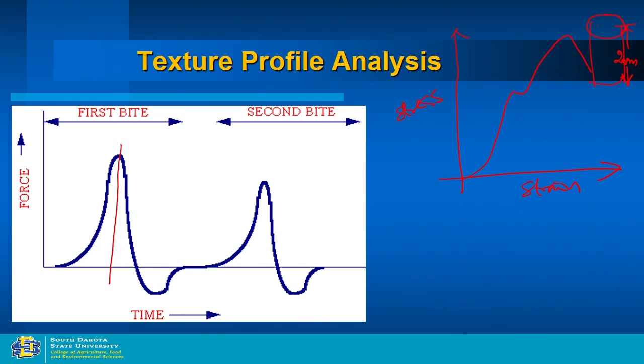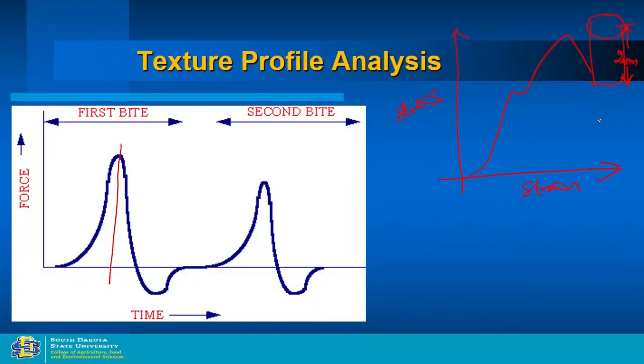Do you think if you do 50% compression, it will rupture? It will not rupture. You have to do at least 80% deformation so that this will go all the way down and you will get the rupture.